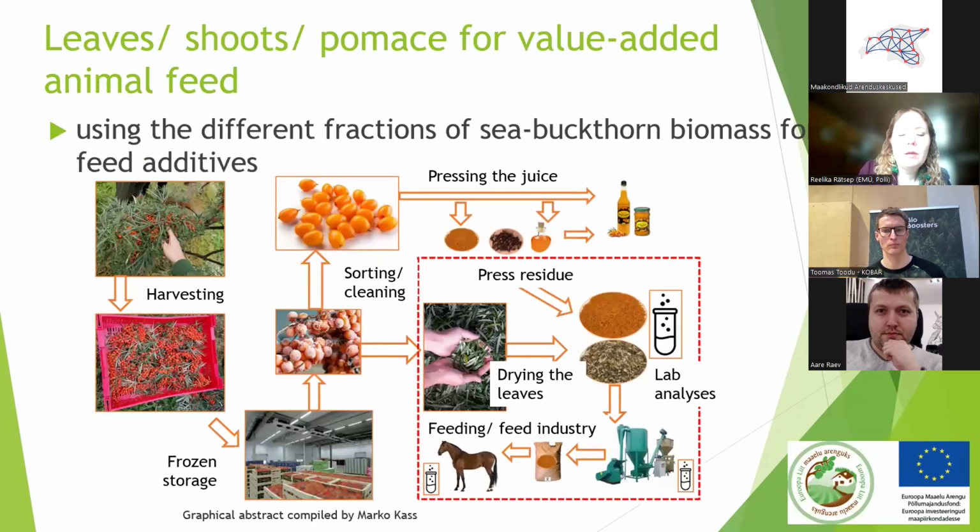Here is one example of how leaves, shoots, and pomace could be used for animal feed. This is an example of one of my ongoing projects where we are making an effort to use the harvesting residues of sea buckthorn in horse feed supplements.